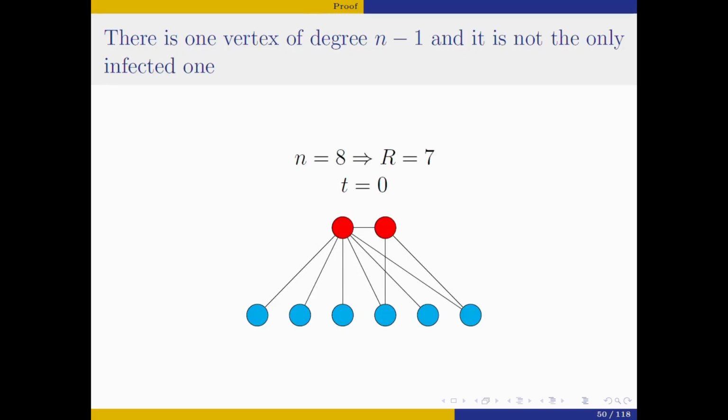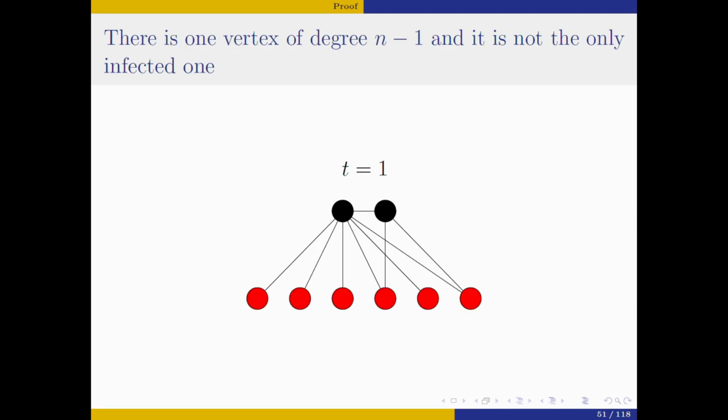Let's continue with the case where the vertex of degree n minus 1 is not the only infected one. Again, we have a graph with 8 vertices and R is equal to 7. We have this initial state with the top vertices infected and the bottom ones healthy.